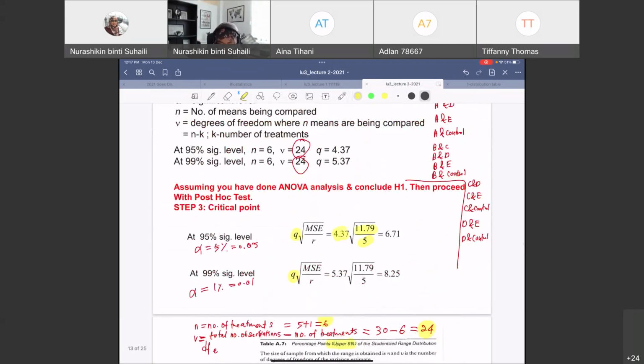But this is the Q value that you got from the studentized range distribution table. So you solve for this critical value. The whole thing here is the critical value. You don't have to solve for both, but this is just to show how you find it for the 2 different alpha values.